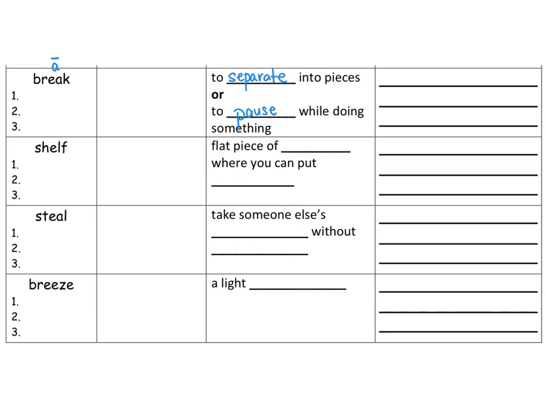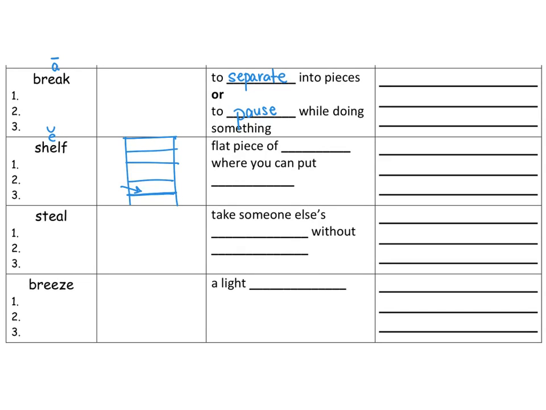The next word is shelf. Sh-e-l-f. So here we have the short E sound. Eh. Now, my favorite kind of shelves are bookshelves. But I said shelves, like more than one. A shelf is just one.